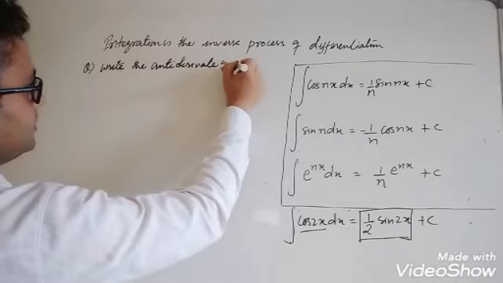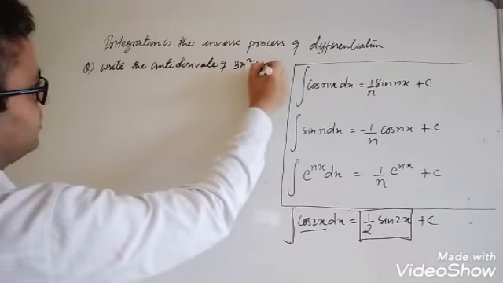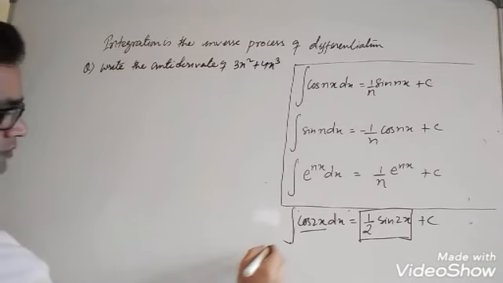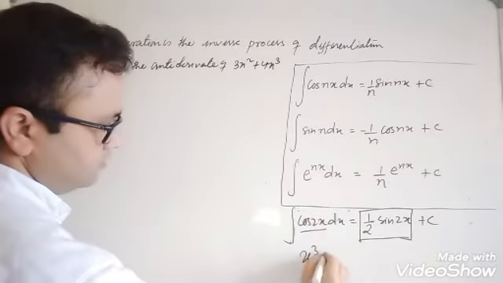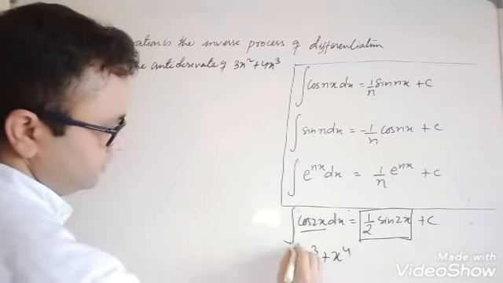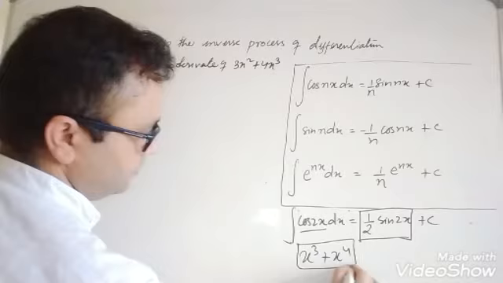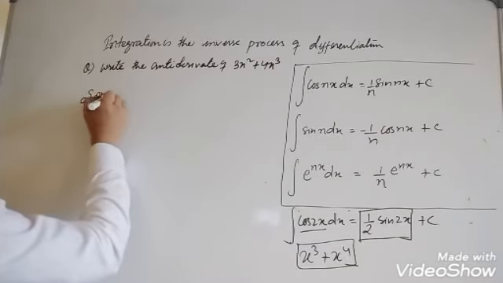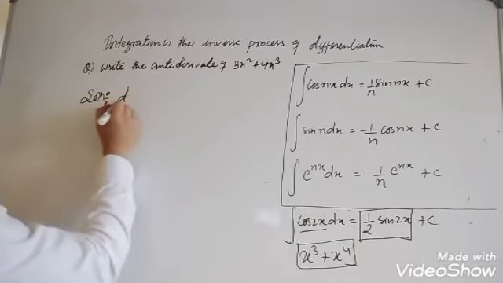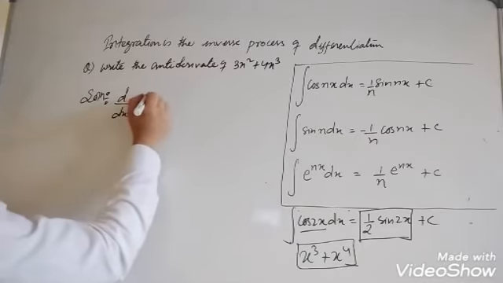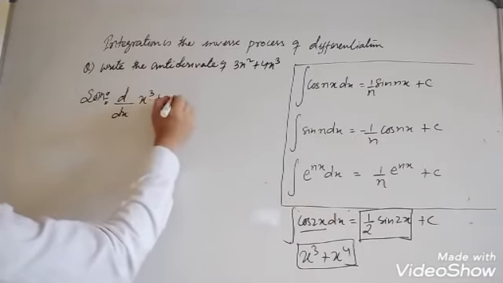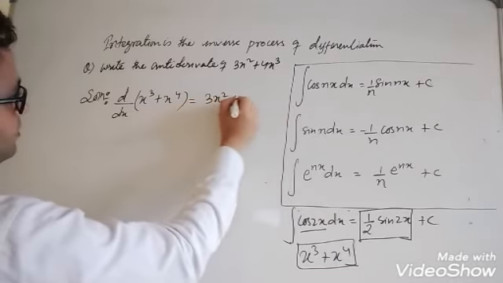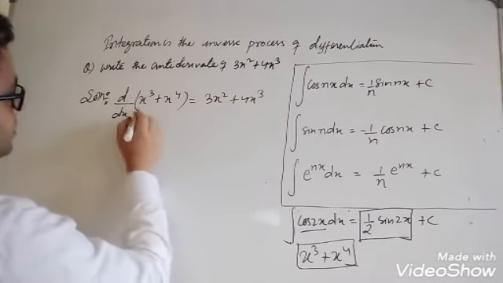Next example is 3x square plus 4x cube. So this comes from x to the power 3 plus x to the power 4. Now solution: d/dx of x to the power 3 plus x to the power 4 equals 3x square plus 4x cube.